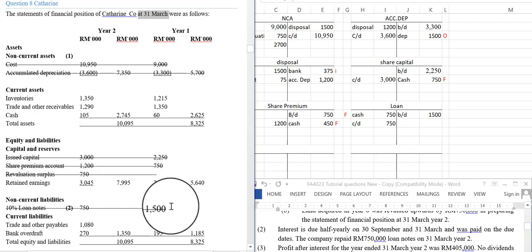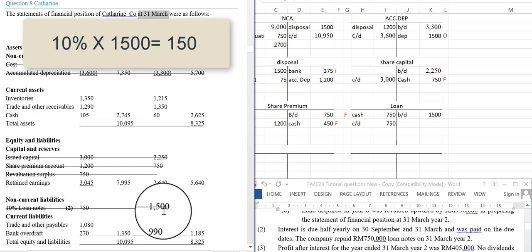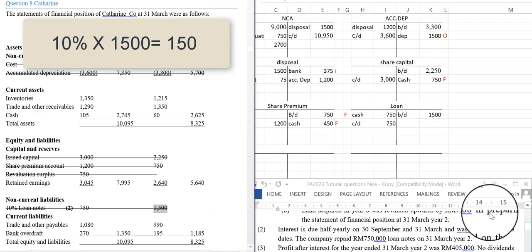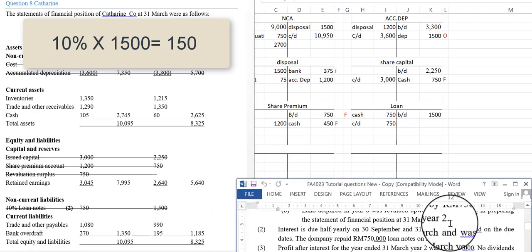So when I pay you interest, I'll be using 10% times 1,005 for the whole year, because I use your money for the whole year. So the interest will be here: 10% times 1,005, 150.